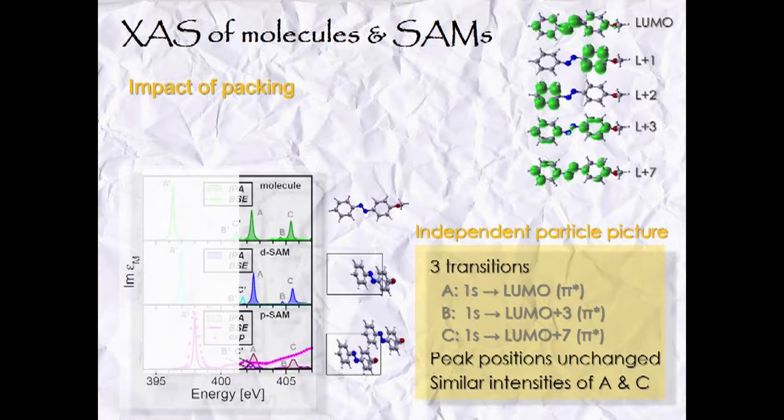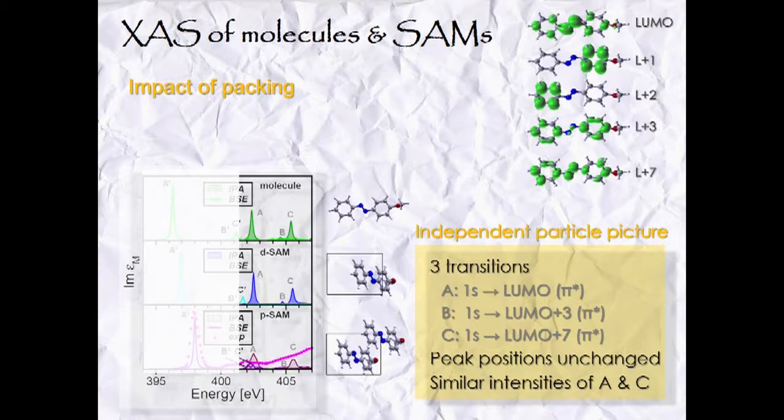Then if you go up the molecular orbitals, the next one doesn't have any density here. Also LUMO plus 2 doesn't have any density here. But LUMO plus 3 has a small intensity here. So again, we would expect overlap between the core state and this one. And that's why we have a peak here. This is the peak B going to LUMO plus 3. But it's much lower in intensity because we don't have much density at this bridge here.